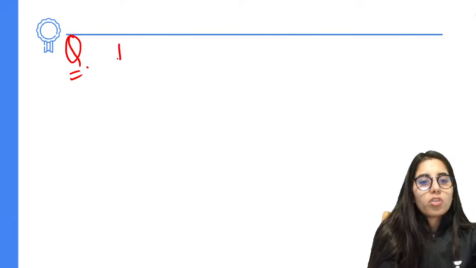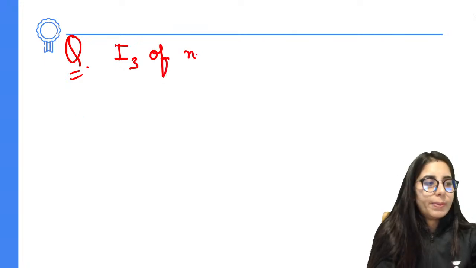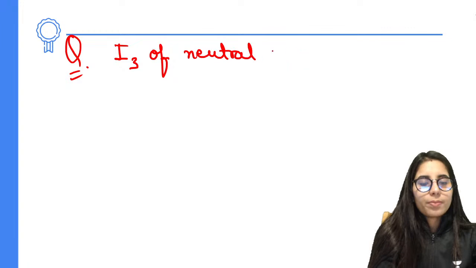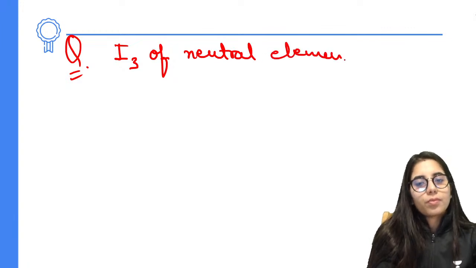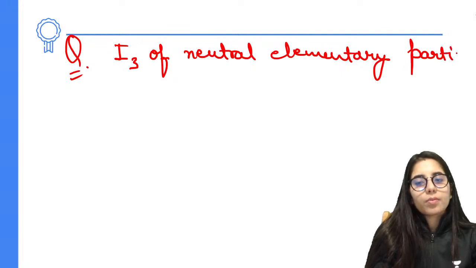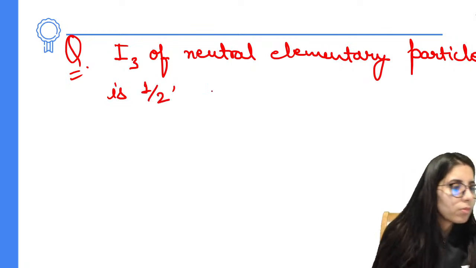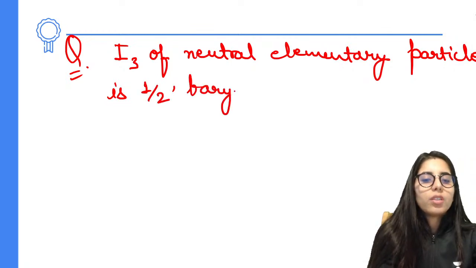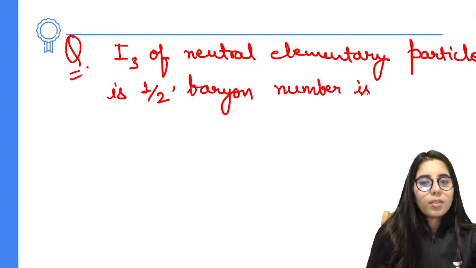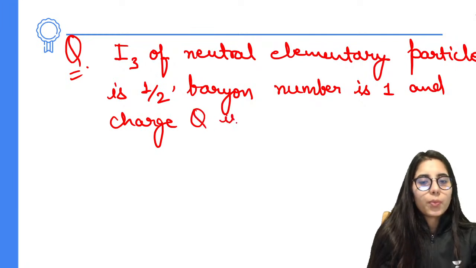The third component of isospin, I3, of a neutral elementary particle is 1/2, baryon number is 1, and charge Q is 0.